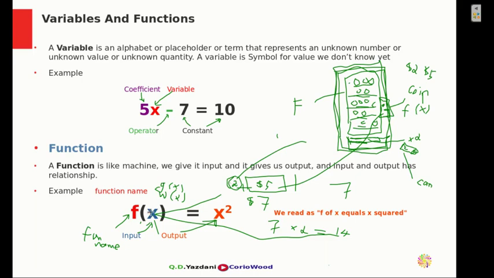If you want 2 Coke, you need $4. But if you need 7, and every can of Coke costs $2, then how much do you need? It's very common sense. You need $14, and this $14 is the input that you put inside the machine as X.